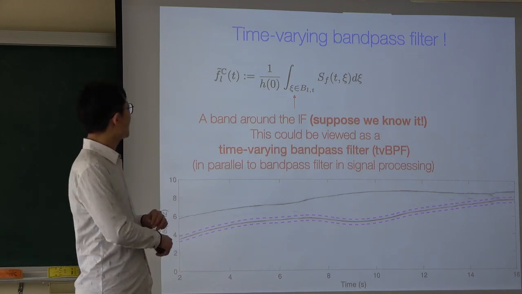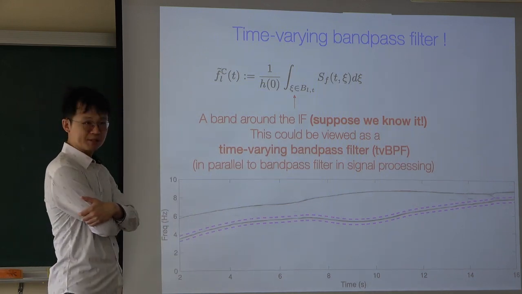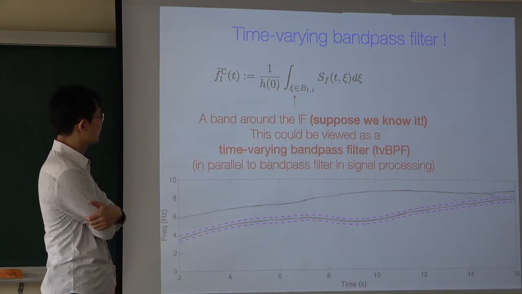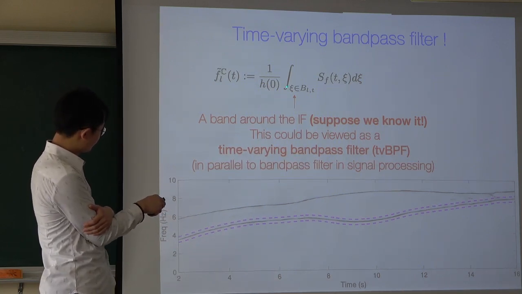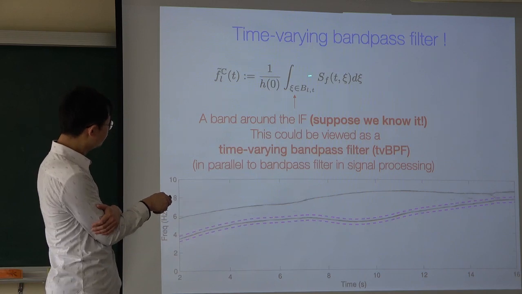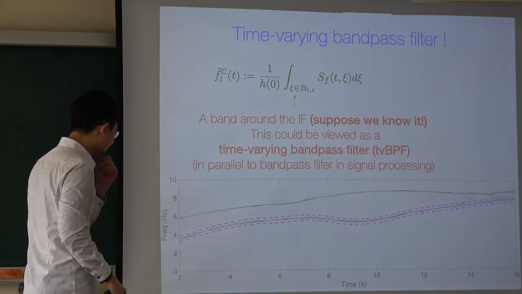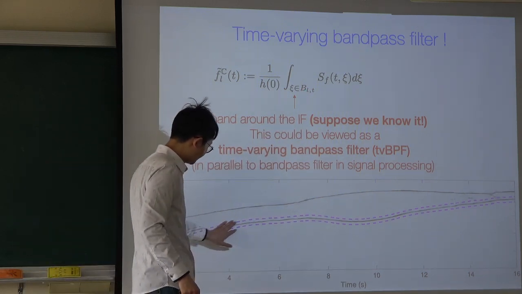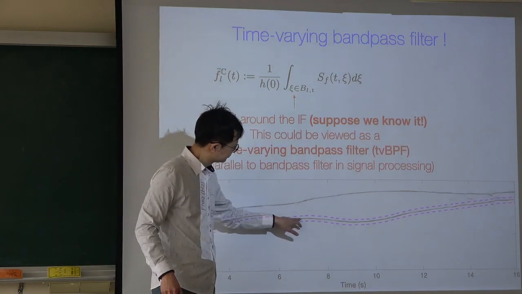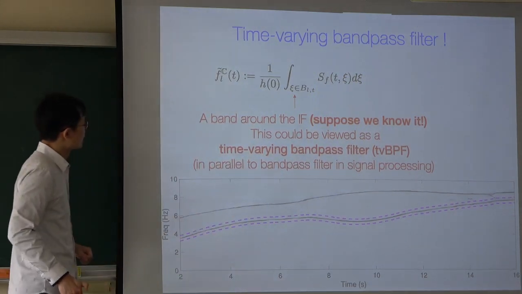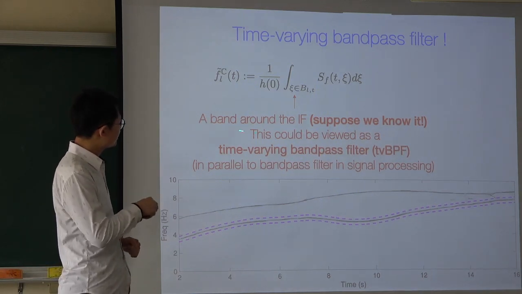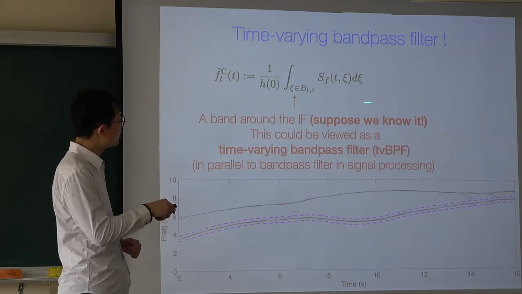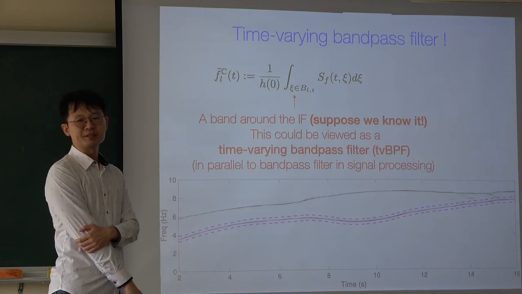And then we have this time-varying bandpass filter property that we can understand from a signal processing perspective, because the reconstruction is surrounding a band, and this band looks like this guy, the purple dashed curve. It is a band around the instantaneous frequency, which we suppose we know, but in practice we don't.